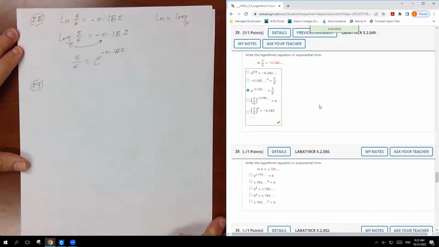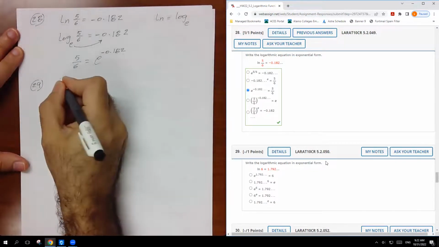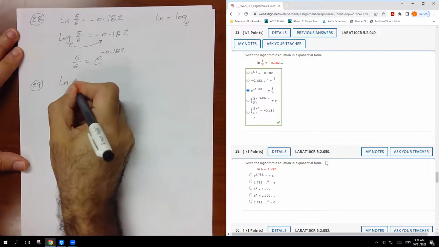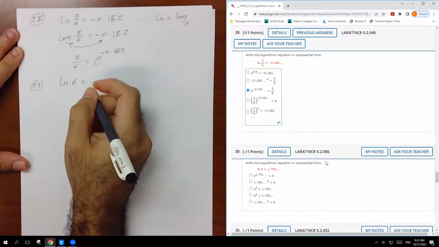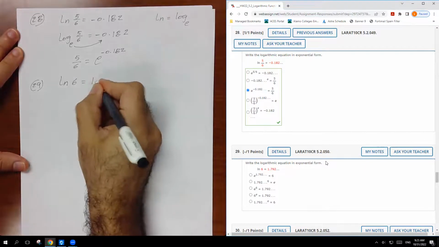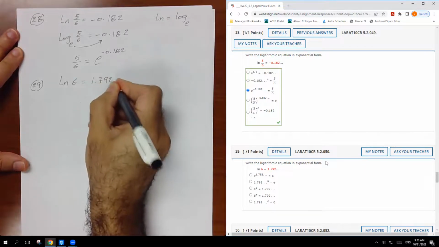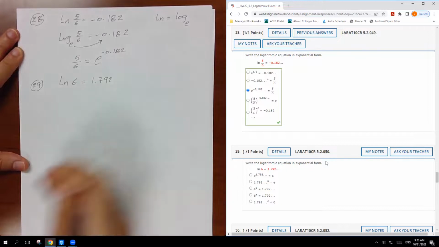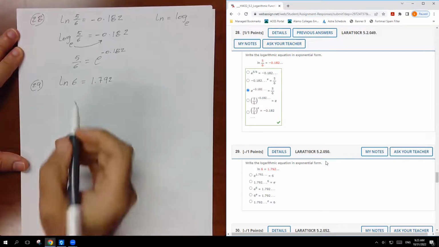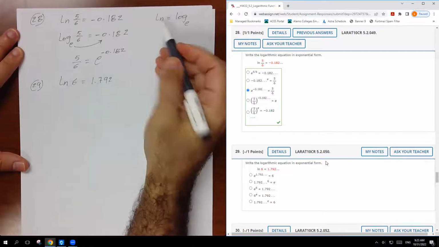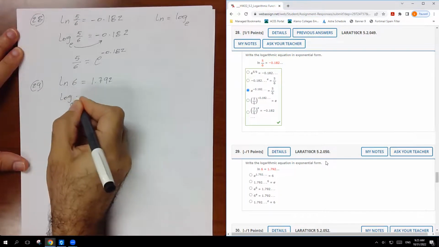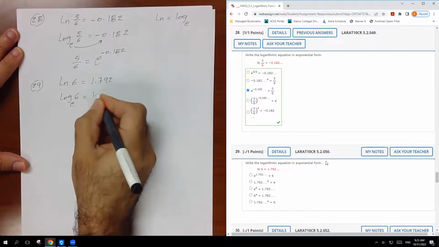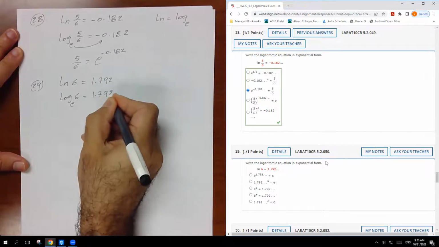Example 29, we have ln of 6 equals 1.792. They give you dots here, that means it's a really long number. So the same thing, ln is log to the base e of 6 equals 1.792.